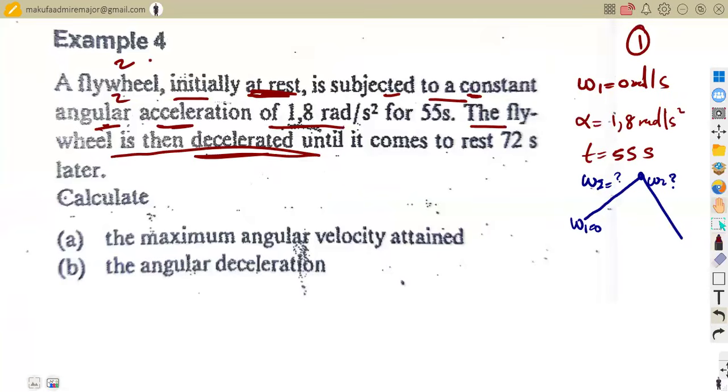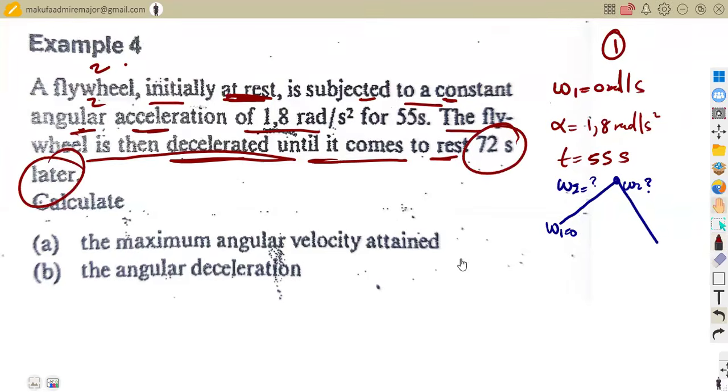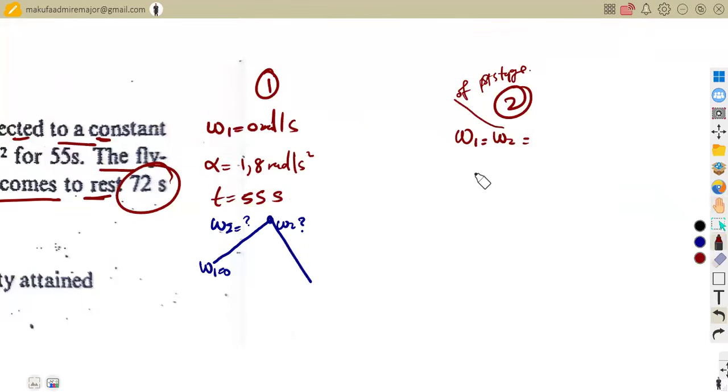Then it is decelerated from that unknown speed until it comes to rest 72 seconds later. So our omega2 is 0 rad per second, at rest, with no movement, in the time frame of 72 seconds. Like I said, this is in stages, stage 1 and stage 2.